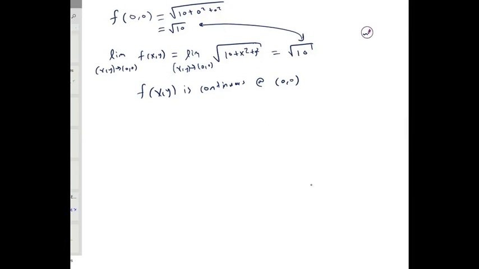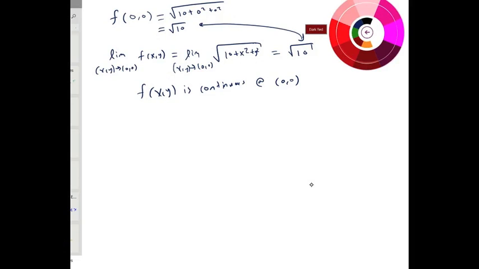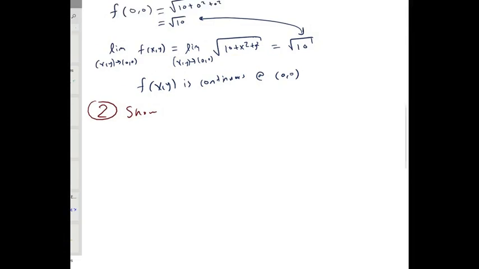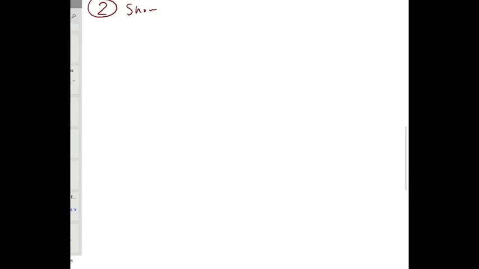So now for our next example, we're going to show that g of xy is discontinuous at 0, 0.